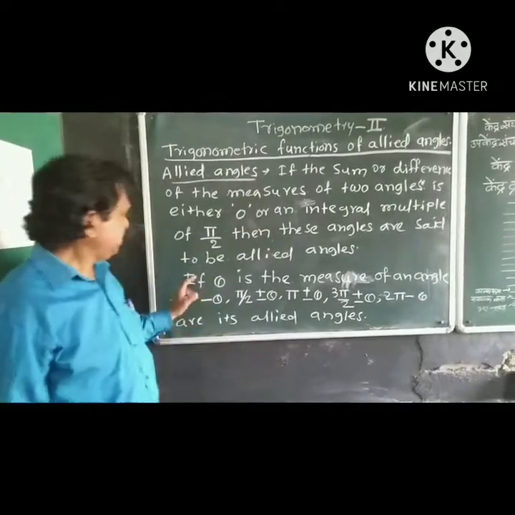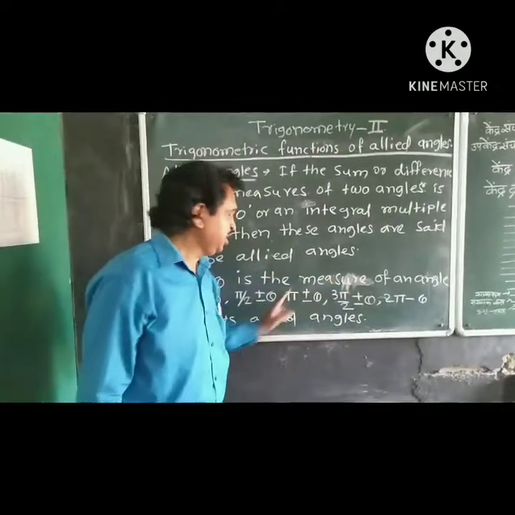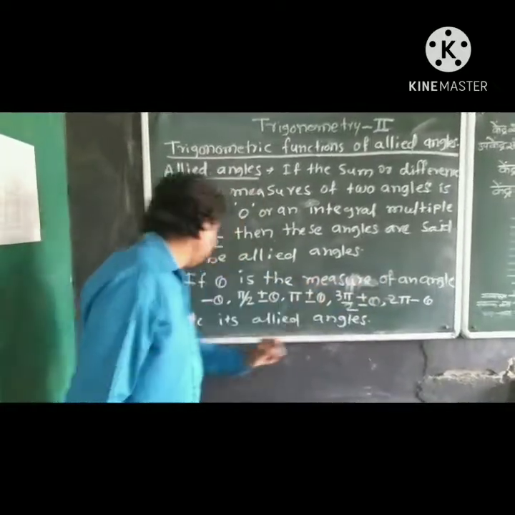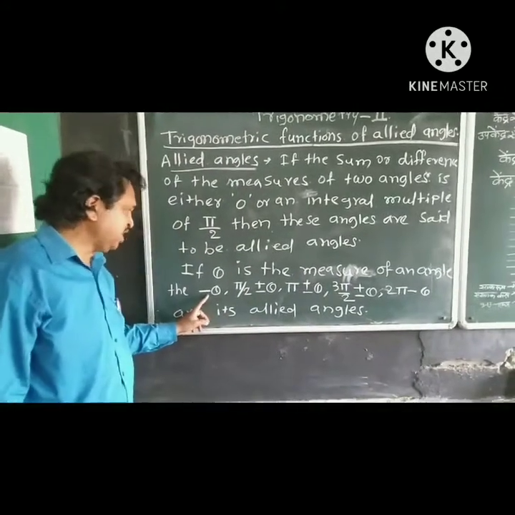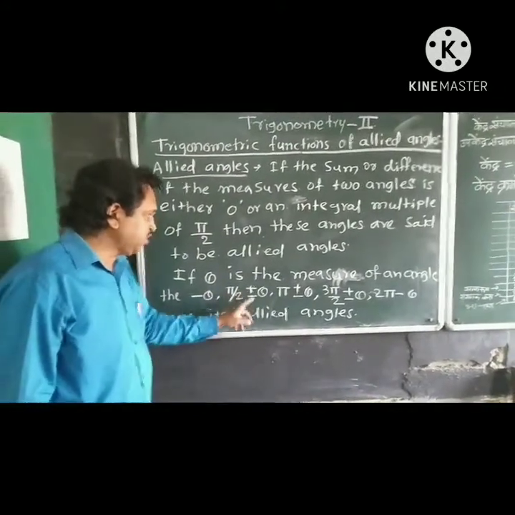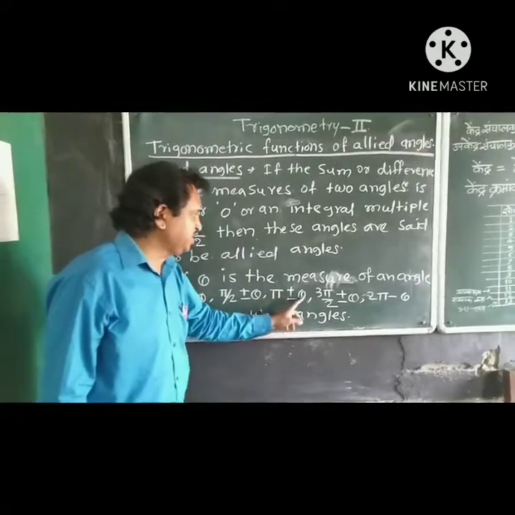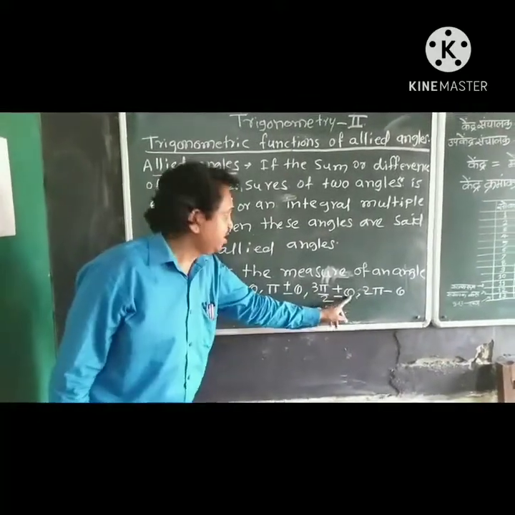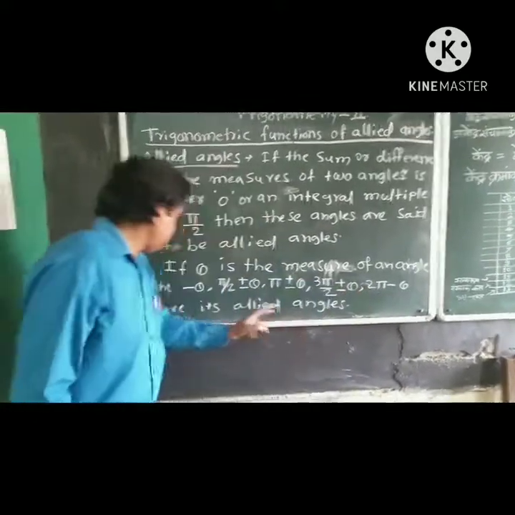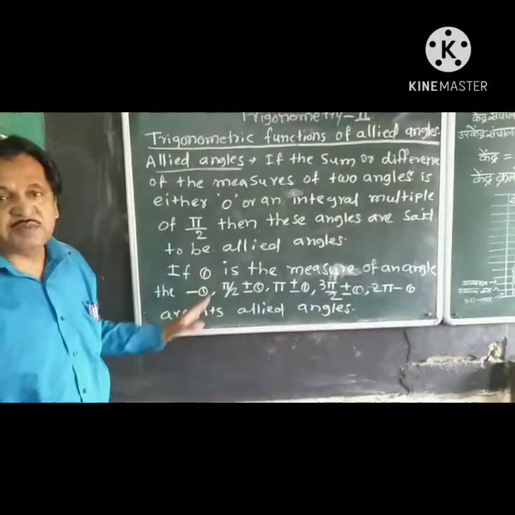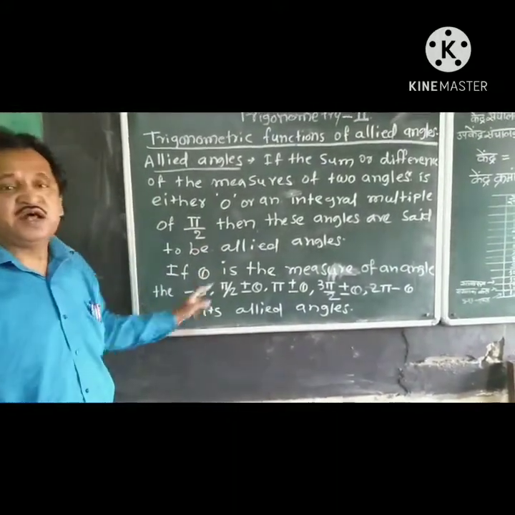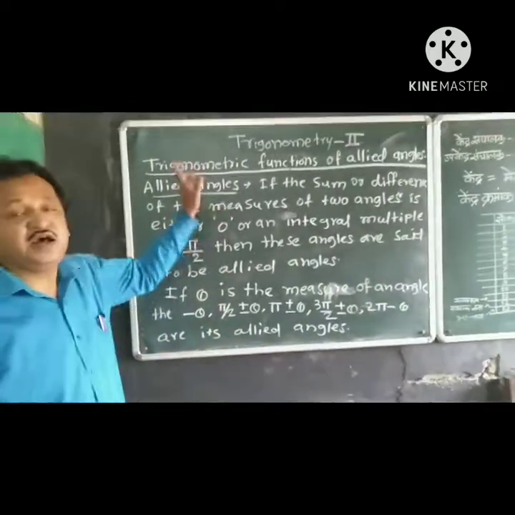If theta is the measure of an angle, then minus theta, pi by 2 plus or minus theta, pi plus or minus theta, 3 pi by 2 plus or minus theta, 2 pi minus theta, and these types of angles are called allied angles.